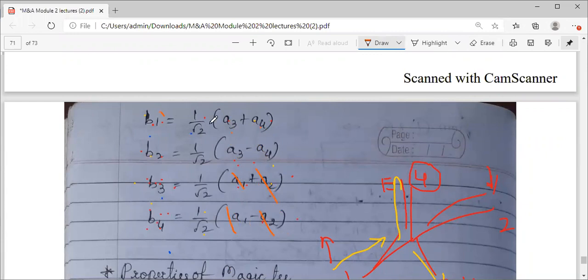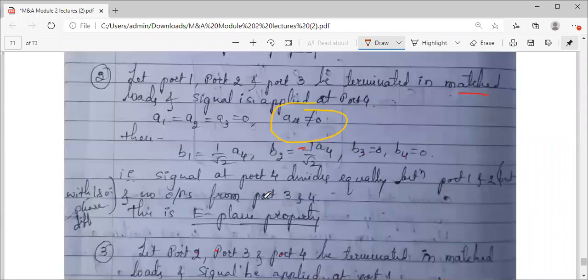So B1 is equal to, take any one, either A3 or A4, 2 times, that is 2 times 1 by root 2 of A3 or A4. Similarly here also, if A3 is equal to A4, this will cancel.